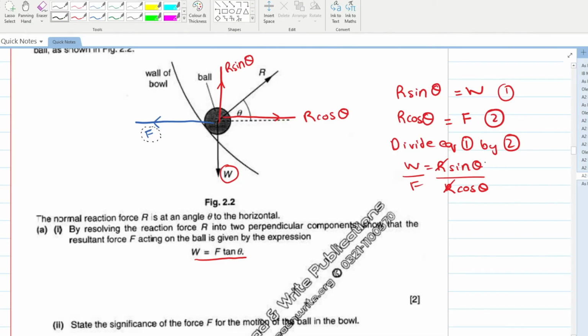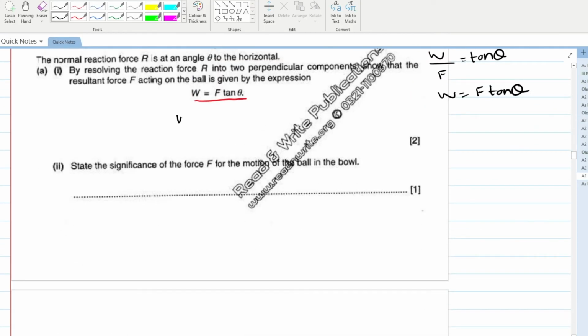And do you study in maths that sin theta divided by cos theta is equal to what? Tan theta. W upon F is equal to tan theta. W is equal to F tan theta. Here you go. I have proved it completely. W is equal to F tan theta, proven. Okay? Yeah, shown. You can write it this way.